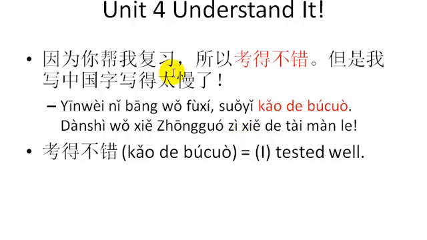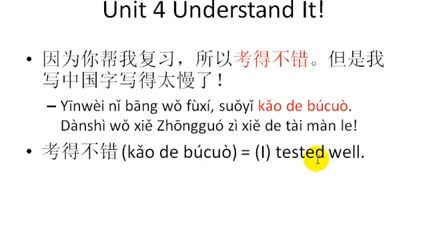因为你帮我复习，所以考得不错. So here we have a verb and adverb again. So we have 考, right? 考得不错. So the meaning is I tested well. That's the literal meaning. Now, when translating between Chinese and English, here's a new problem you're going to have.